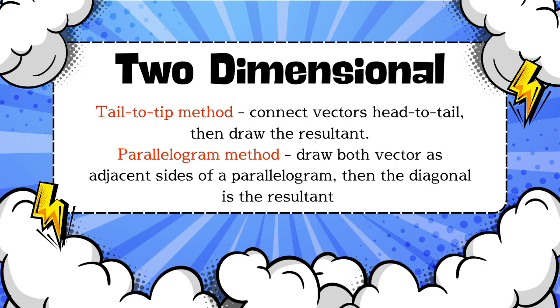For number 2, we have two-dimensional tail-to-tip method. Connect vectors head to tail, then draw the resultant. Next is the parallelogram method. Draw both vectors as adjacent sides of a parallelogram, then the diagonal is the resultant.